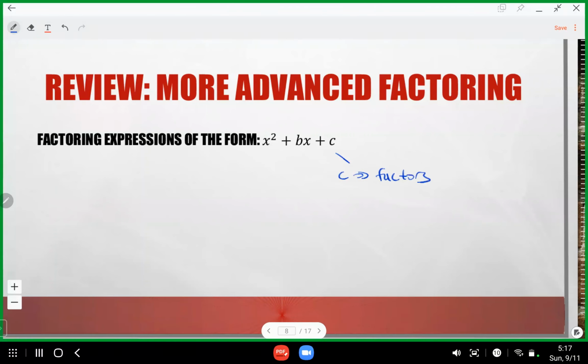Like if it was 6, it would be 2 and 3, 1 and 6. Very good. And then we choose the pair that when you add the numbers together, they equal b.